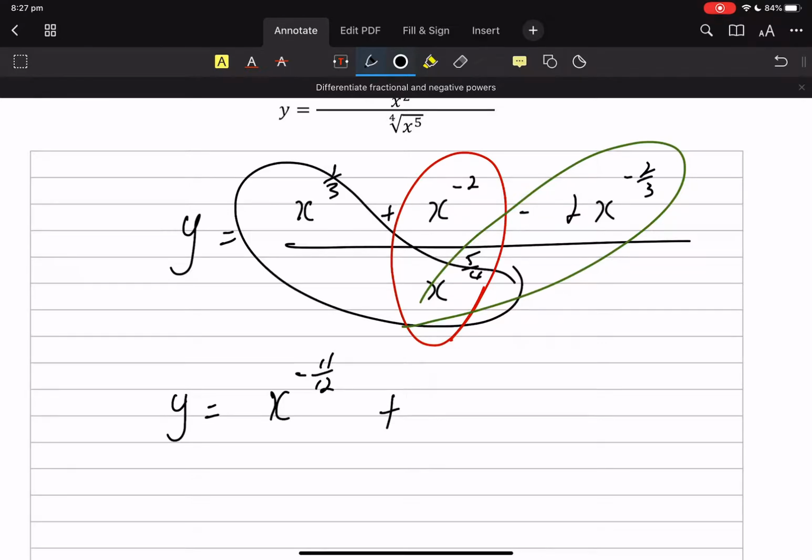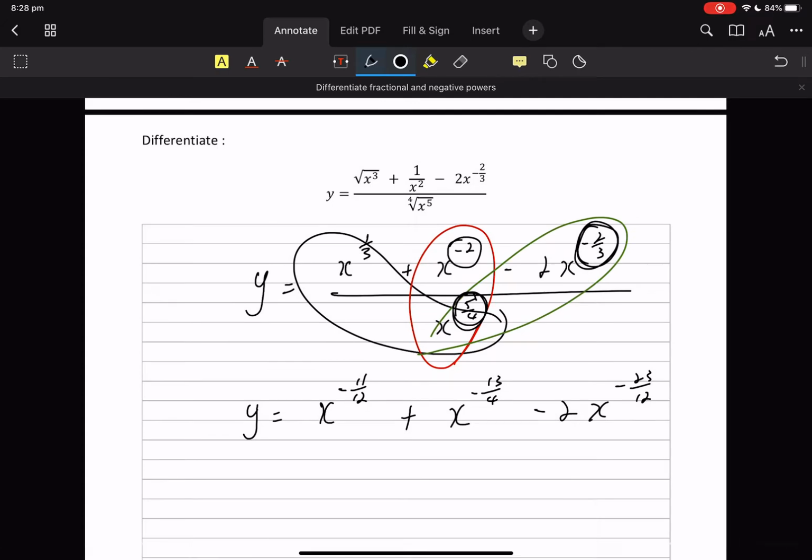Plus, and now I'm looking at the minus 2 minus 5 on 4, which is x to the minus 13 on 4. And then it's minus 2, x to the something, minus 2/3 minus 5/4, at minus 23 on 12.